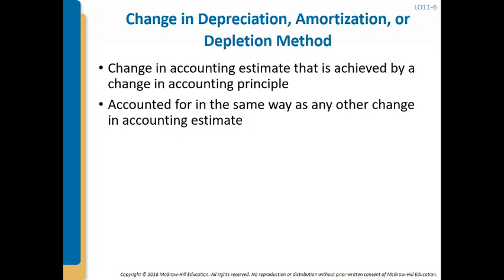All right, so let's talk about change in depreciation, amortization, or depletion method. Sometimes, as I mentioned before, you change from, let's say, a double declining balance method, usually halfway through the estimated useful life of the asset, to straight line method, because that way you get better utilization of your depreciation expense over the life of the asset.